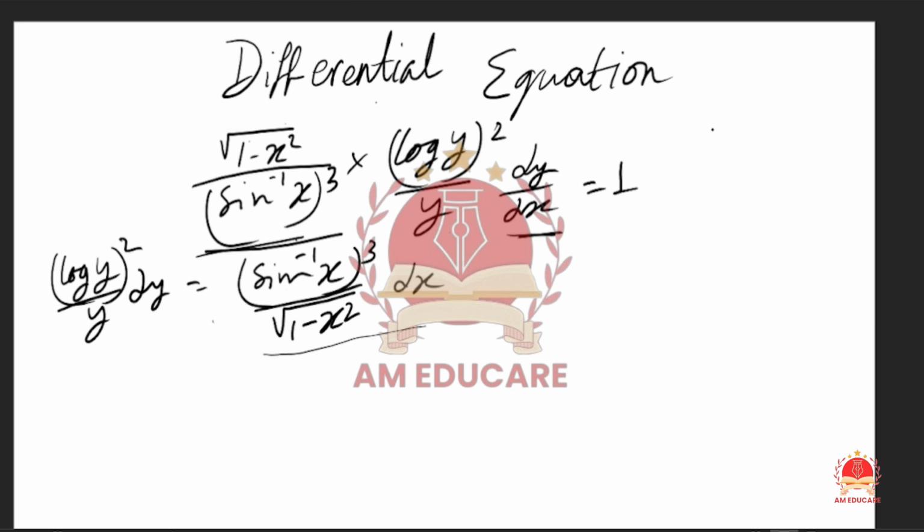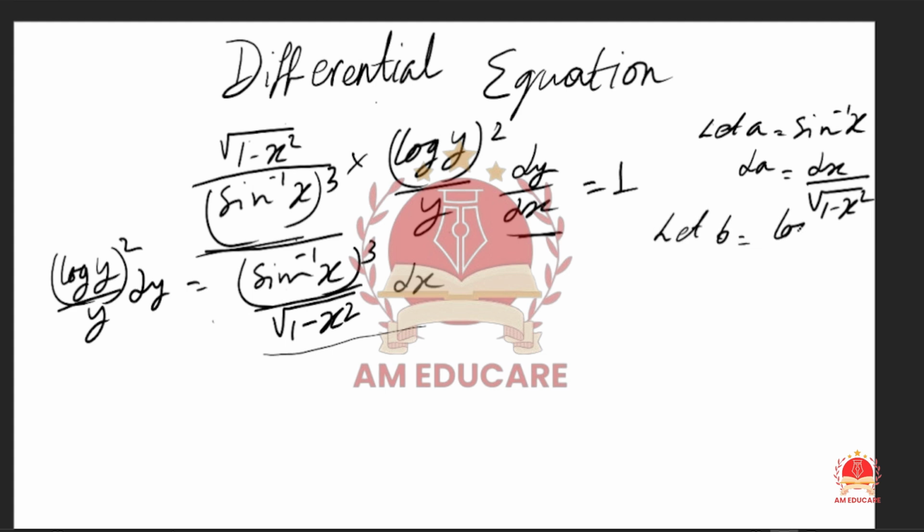Let's take two variables, that a equals sine inverse x, so da equals dx by root under 1 minus x squared. And let's also let b equal log y, so db equals dy by y.